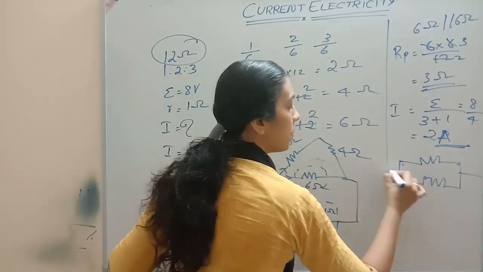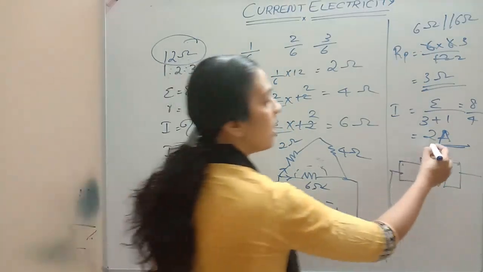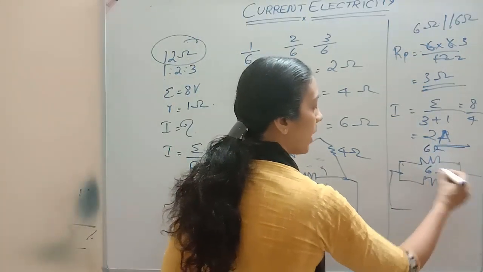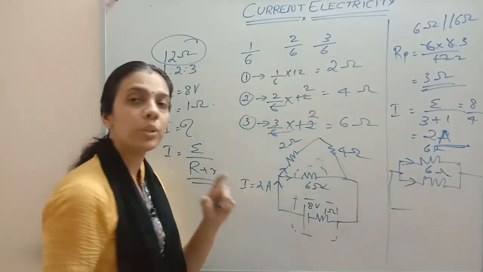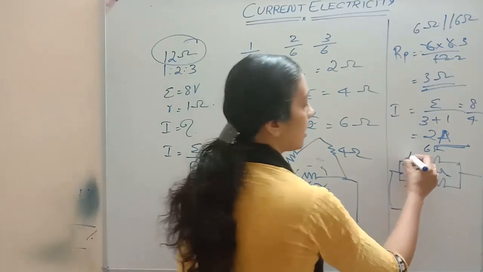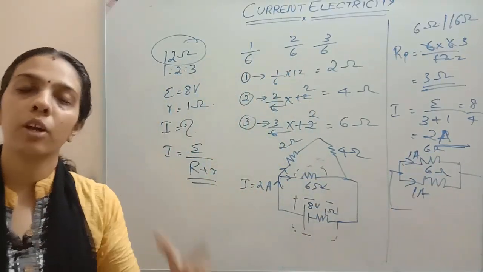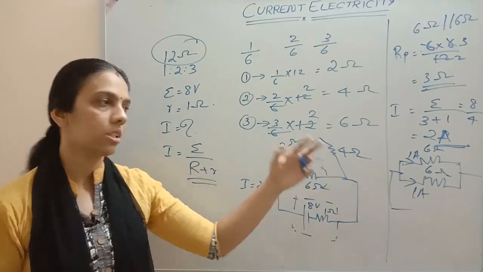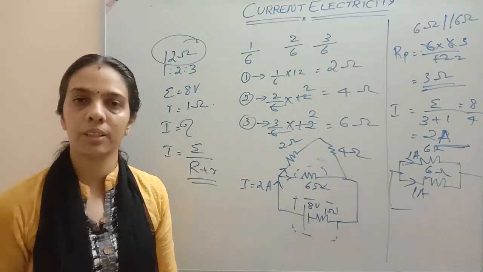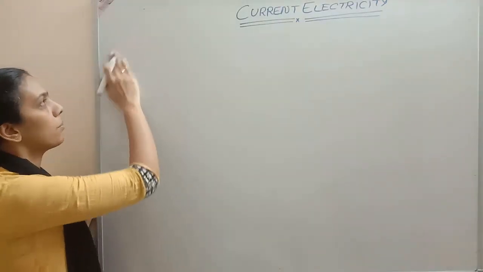Then how will the current divide? Since the resistors are equal, the current will divide into equal parts. So how much current will flow through each part? Here it is 1 ampere and here it is 1 ampere. So 1 ampere of current passes through each section. Okay, clear?